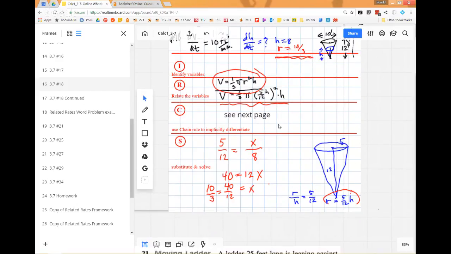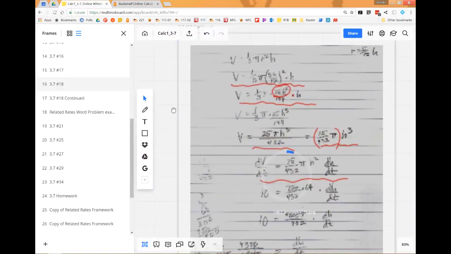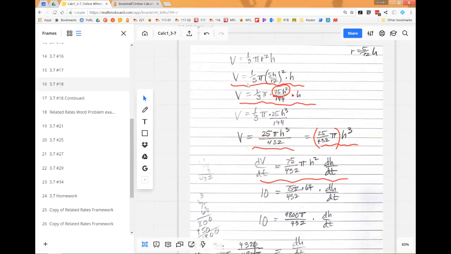Okay, so now let's go to the next page where I actually did the chain rule. Okay, I did that over here. Okay, so once again, I substituted in 5/12 h for r into that 1/3 pi r squared h formula. So here we go. I squared that 5/12 h. It becomes 25 h squared over 144.